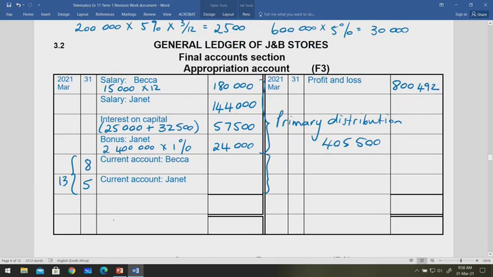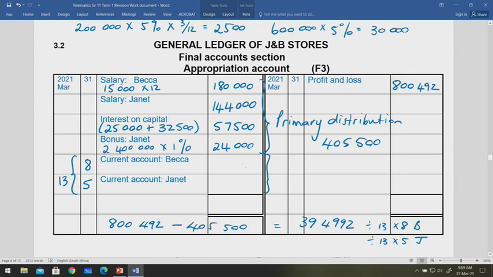The net profit minus the primary distribution will give us the remainder. The remainder, 394,992. So that divided by 13 times 8 will go to Becca, divided by 13 times 5 will go to Janet.